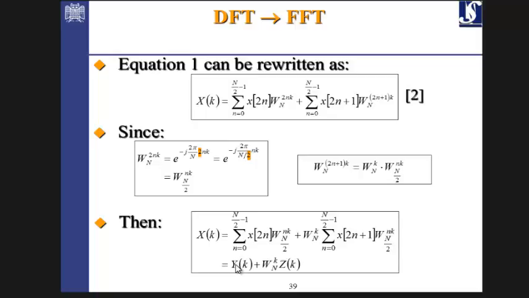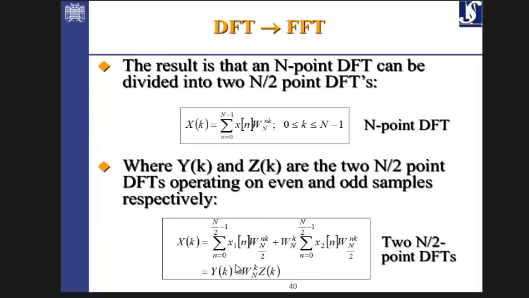We can ignore that, and that can happen for every other step in layers. So putting this back inside the original formulation, we got this: Y_k, Z_k, and so on. So for the N-point DFT, the original version of the formula, we made it as 2 N/2-point DFTs like this with this formula.